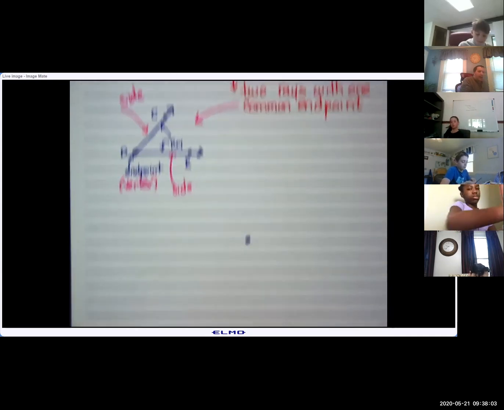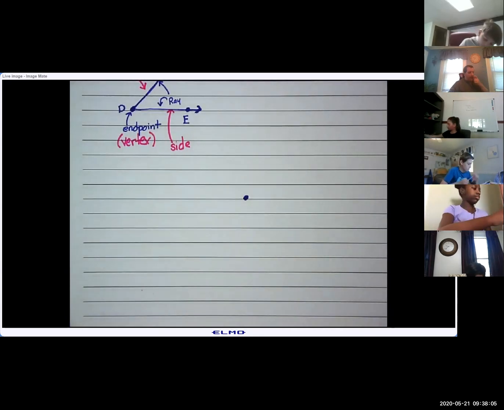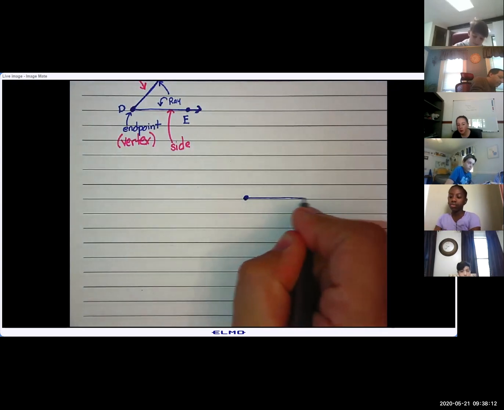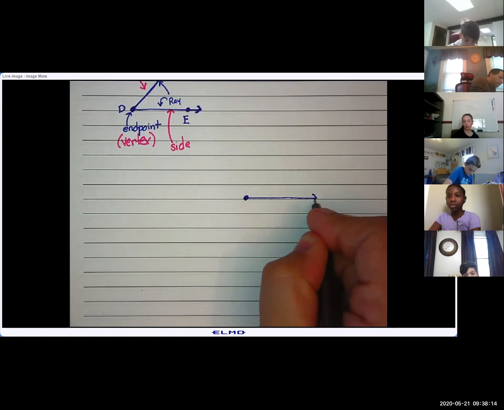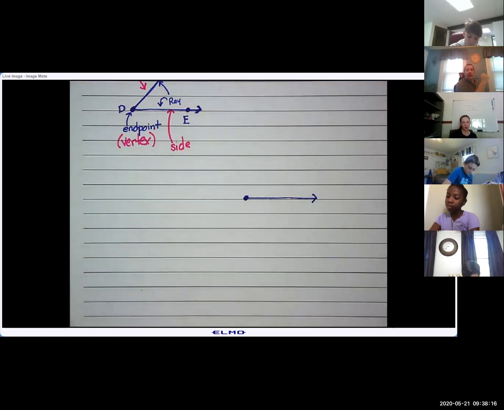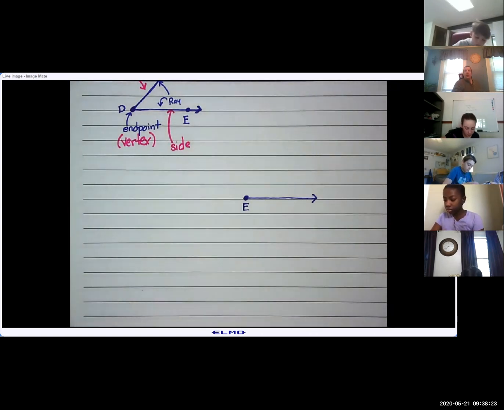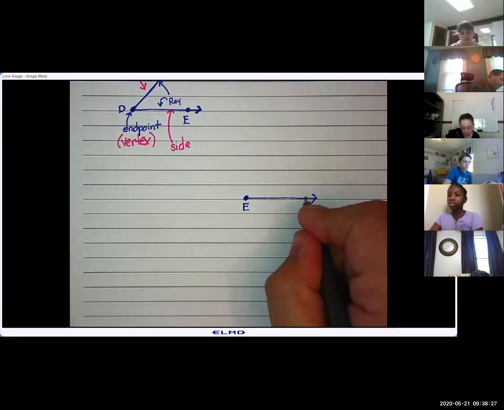I'm going to start my angle with an endpoint and a ray. And mine is just going straight across. And I looked up, I saw Emiliano first, so I'm going to call this point E. And then I saw Noel Fonte, so I'm going to call this point N.